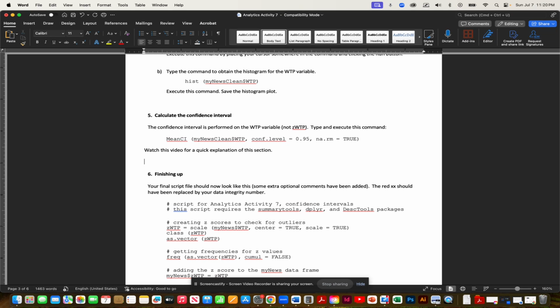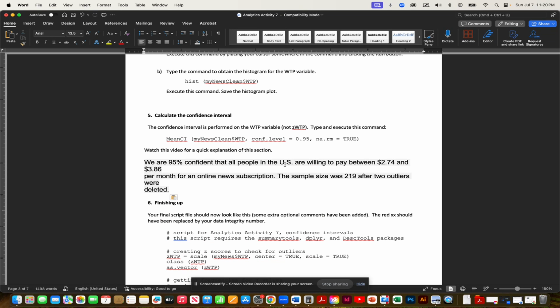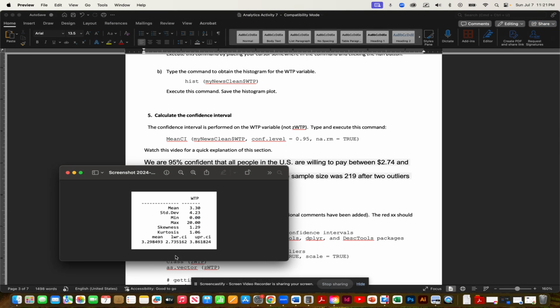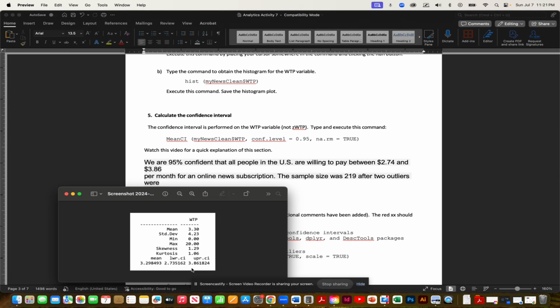So a good answer would be, oops, well, it didn't paste on there correctly, but we are 95% confident that all people in the US are willing to pay between $2.74, so that's where we're getting this number from, and $3.86 per month for an online news subscription.